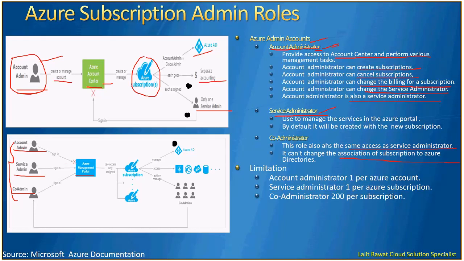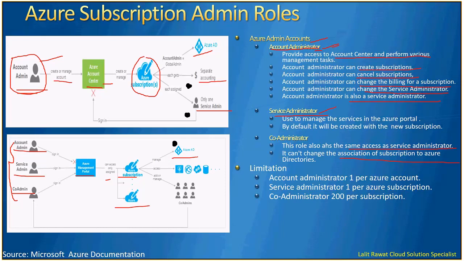But if in your subscription one account administrator signs up and you don't have a separate service administrator, then one account administrator can be your service administrator, your account administrator, or the co-administrator. If you have a single user who signs up, it will have access to this, and then you will have subscription access and the Azure AD, Azure subscription.